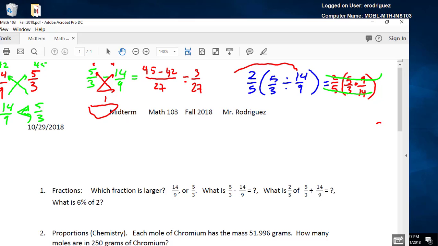You see that? Okay, now in the next one, remember what of means. It means multiply. So I want 2/5 of 5/3 divided by 4/9. Now, order of operation, we do what's in parentheses. And how do we do this division of fractions?